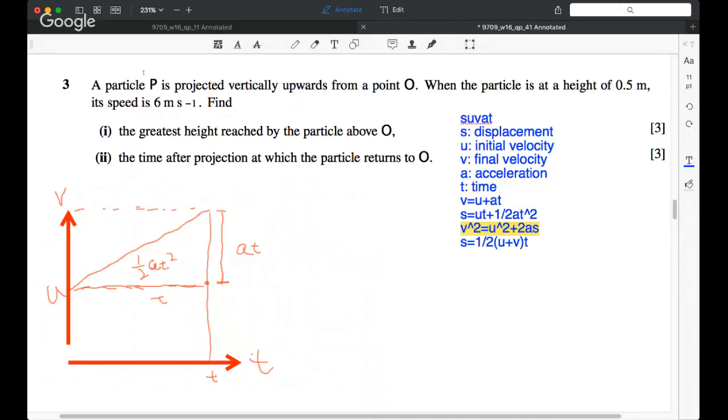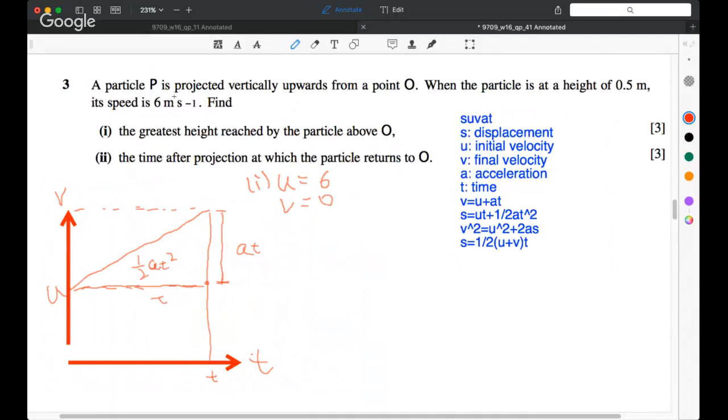Because if it's still moving upwards, it's not at its greatest height. So in the first part of the question, we know u equals 6, v equals 0.